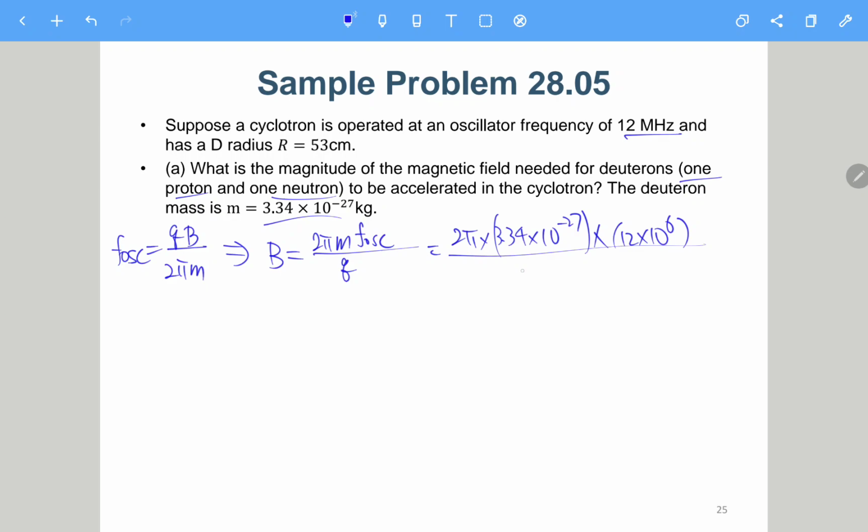Okay, so 1 proton is 1.6 times 10 to the minus 19. So this is 1.57 Tesla. Okay, so this is pretty easy. We just need to plug in all the numbers into the equation for the oscillation frequency.